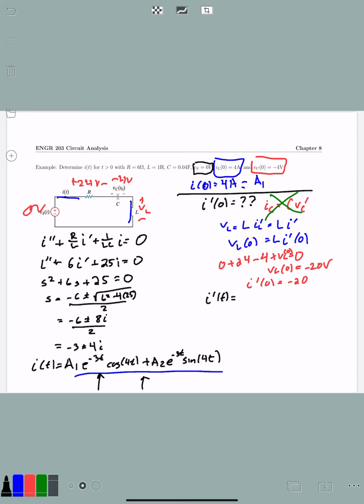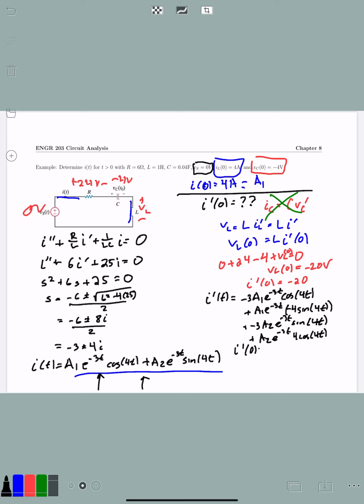So I prime of t. We have to use the product rule here: negative 3 a1 e to the negative 3t cosine 4t, plus a1 e to the negative 3t times negative 4 sine of 4t, plus negative 3 a2 e to the negative 3t sine of 4t, plus a2 e to the negative 3t times 4 cosine 4t.